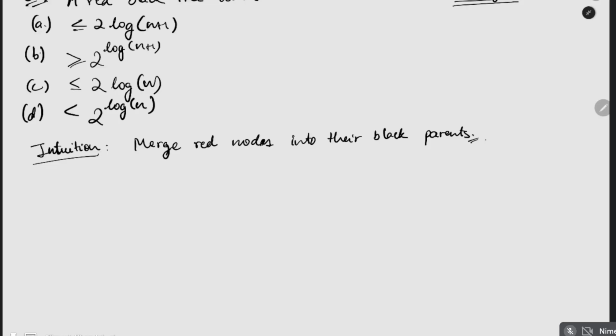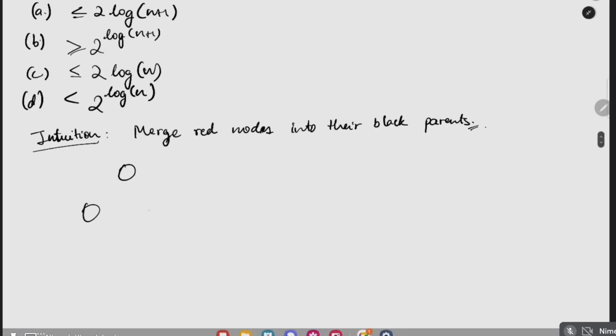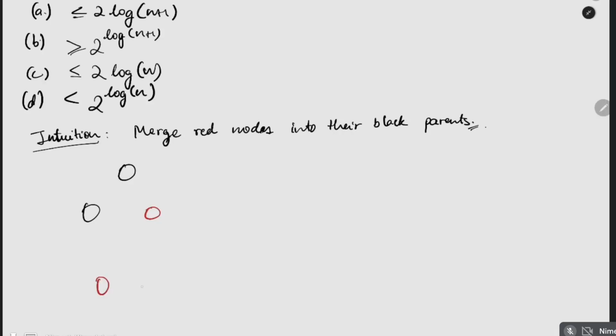How does it give us an idea? So if we have, let's say, a red black tree like this, say, this is our red black tree, and it follows all the properties of the red black tree as of now, that all the leaves or the nil nodes are black, and the root node is black, right?